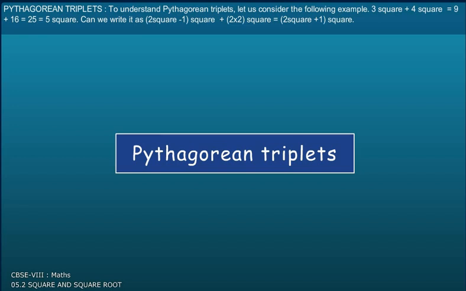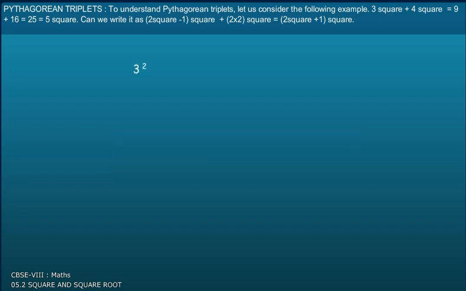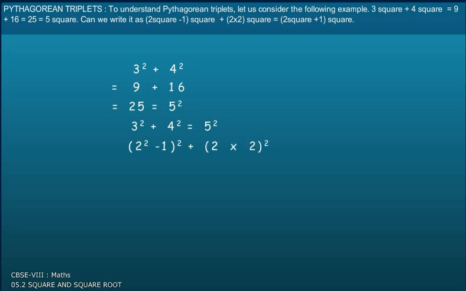Pythagorean triplets. To understand Pythagorean triplets, let us consider the following example. 3 square plus 4 square is equal to 9 plus 16, which gives 25, that is 5 square. Can we write it as (2 square minus 1) the whole square plus (2 into 2) the whole square is equal to (2 square plus 1) the whole square?